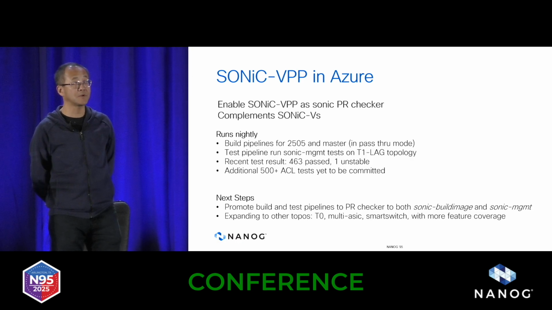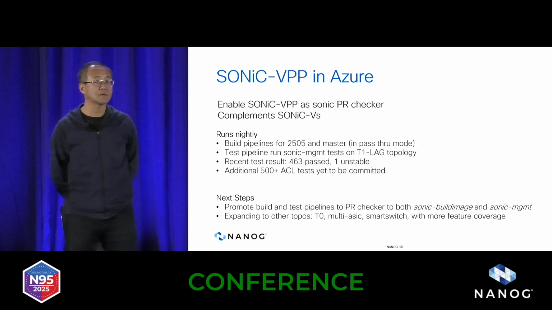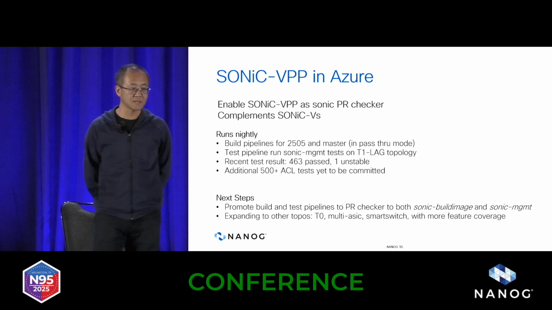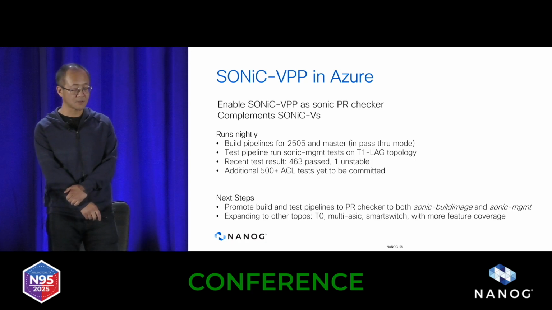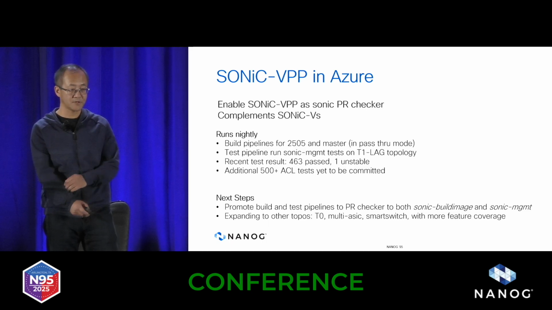So the same memory usage appears as a higher usage percentage. We will work with the SONiC team to improve the test case. Next step, we are working to promote the build and test pipelines to PR checkers for both the SONiC build image repo and SONiC-Mgmt. And we are going to expand to other topologies, T0, multi-ASIC, smart switch, and with more feature coverage.